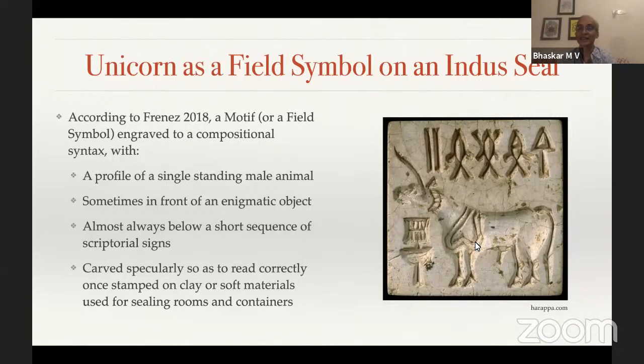That is, they used a blotch of clay on top of the container to be sealed, and stamped the seal on that clay, just so the container is secure, the contents of the container are secure, and also the provenance of the container is very clearly established.